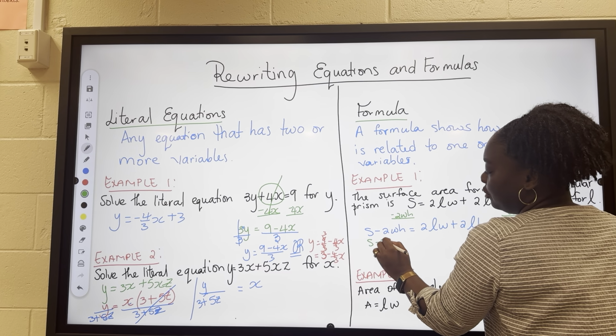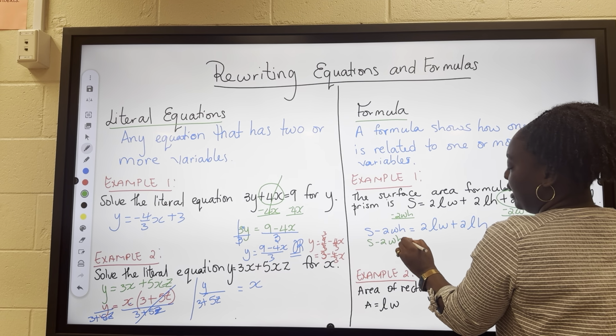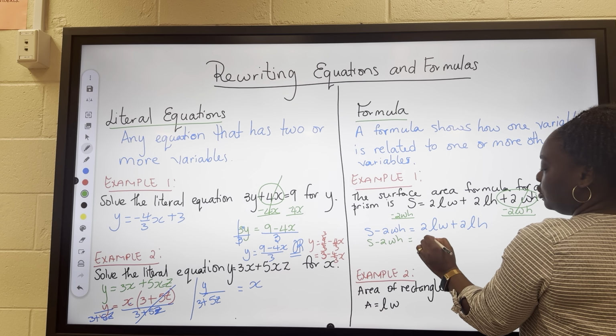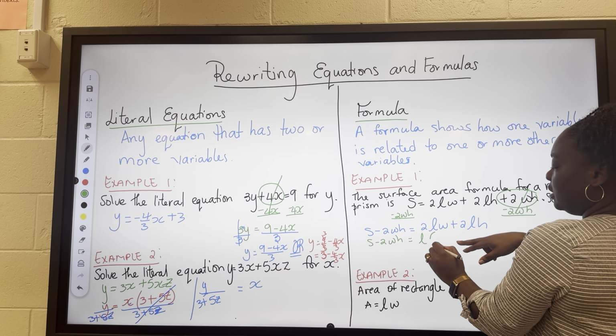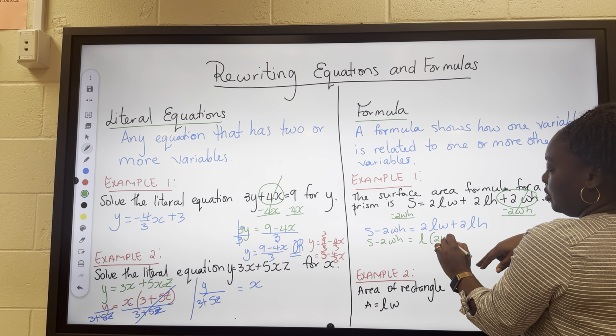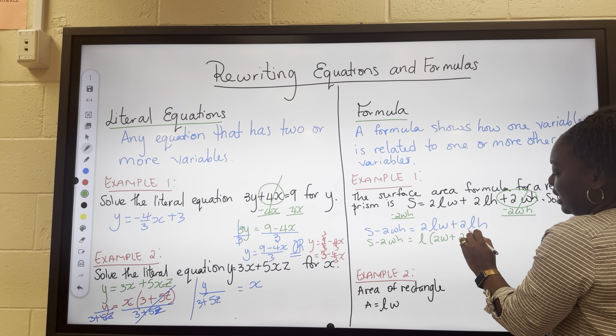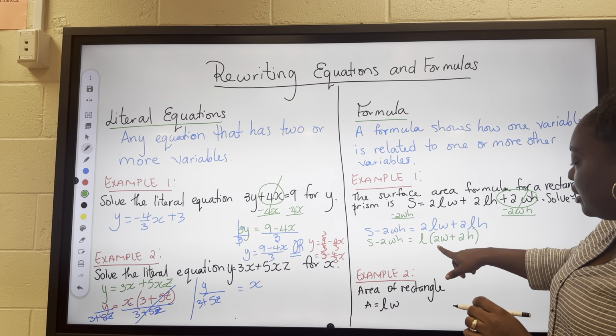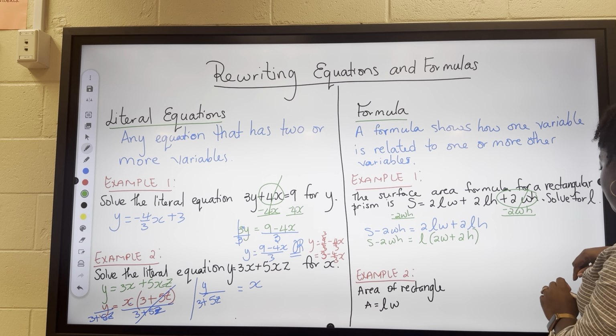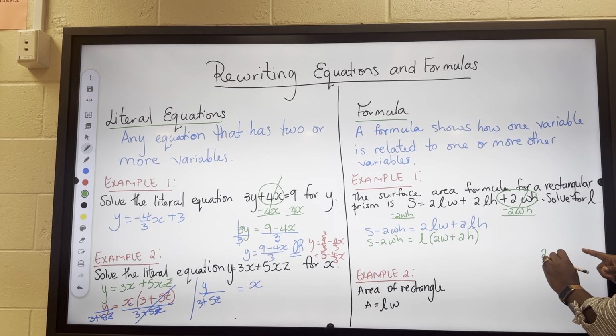So that's S minus 2WH is equal to my L, and this factored out is gonna be 2W plus 2H, all right, because L into that, let me write it right here so you can have a better view of it.